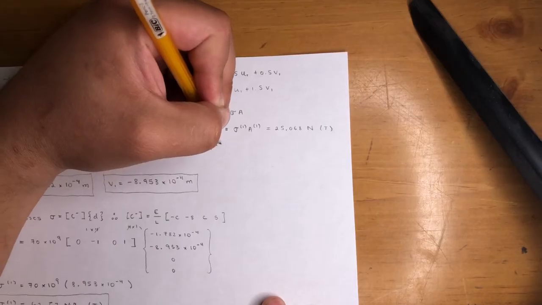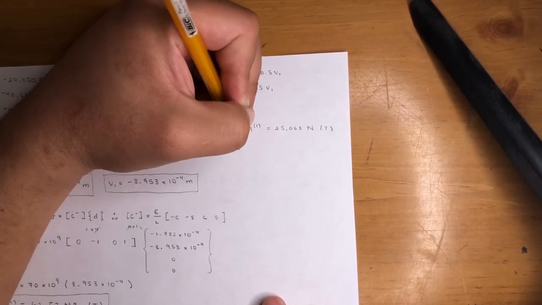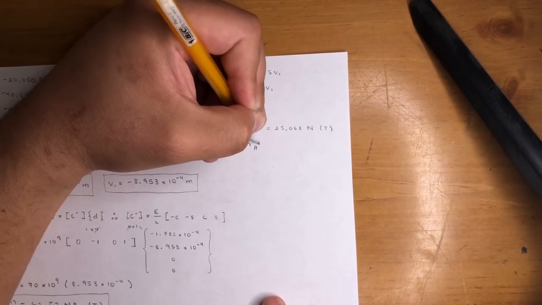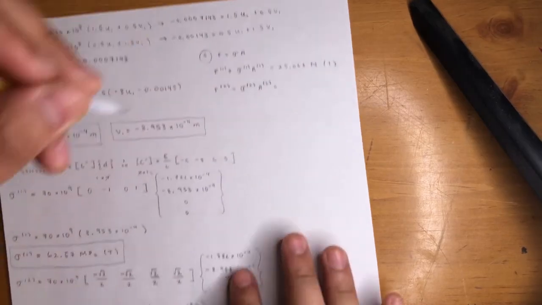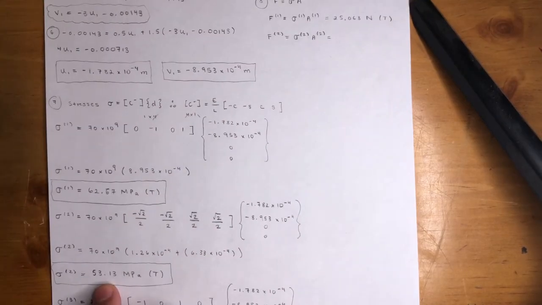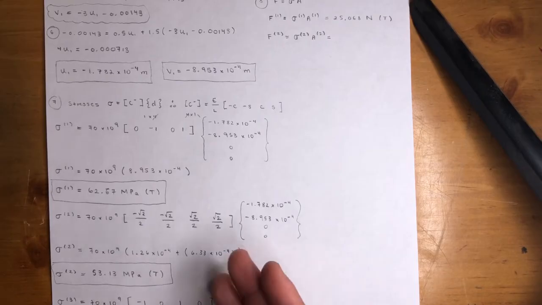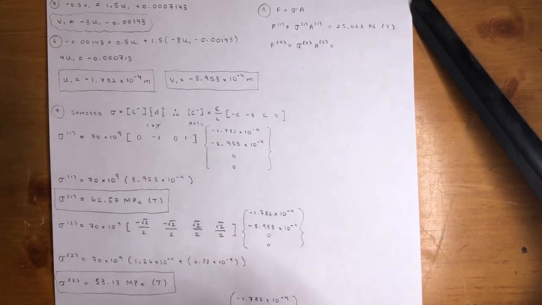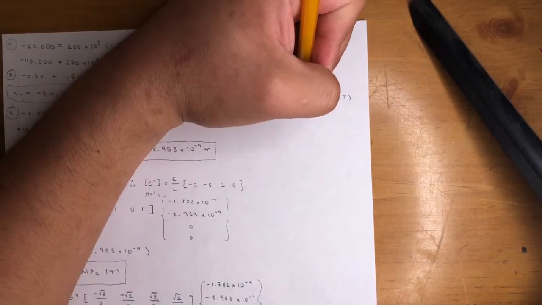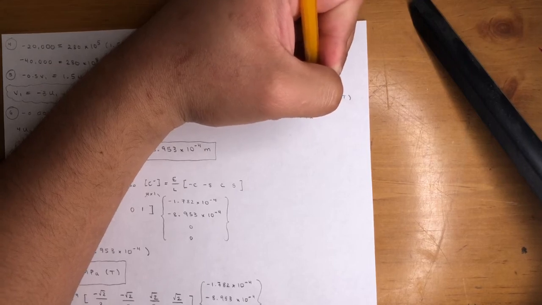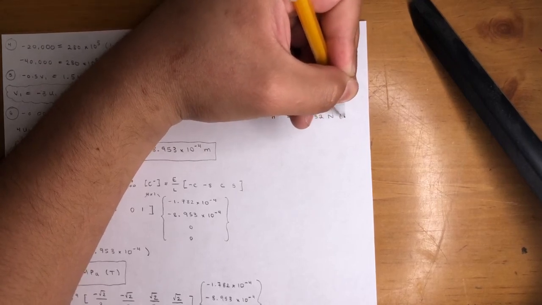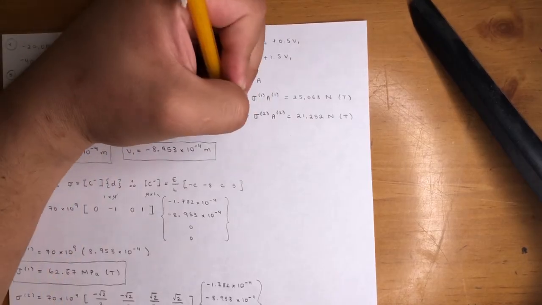Force 2 is equal to sigma 2 times area of 2. That's the same thing, 53.13 times 10 to the 6 times 4 times 10 to the negative 4. If you do that, you will get 21,252 newtons, and that is also positive, so it's in tension.